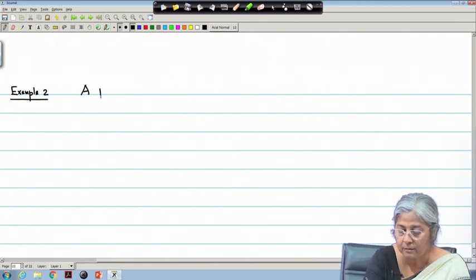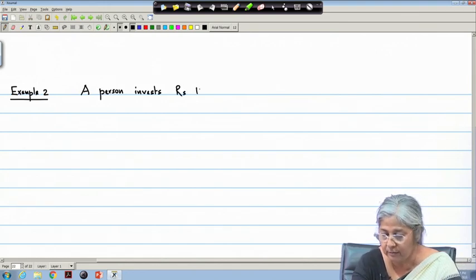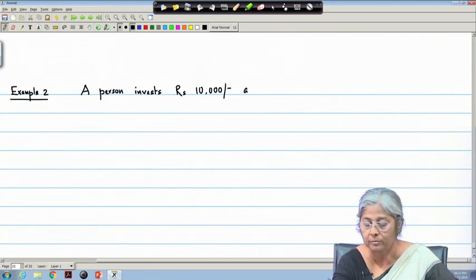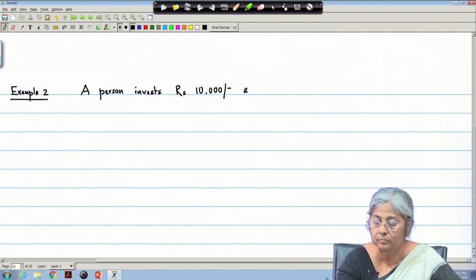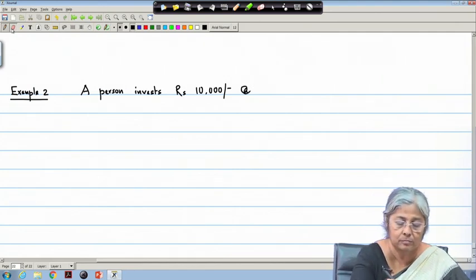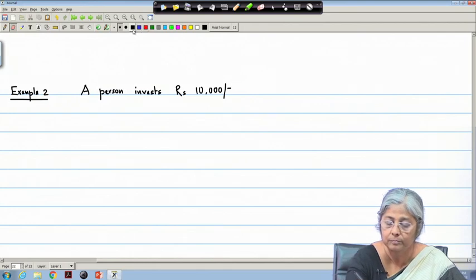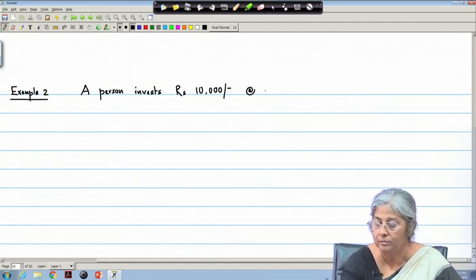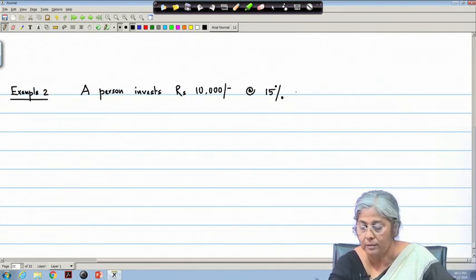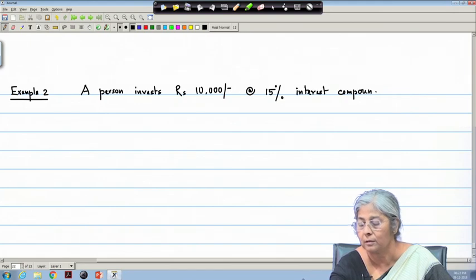Say a person invests rupees 10,000 at the rate of say 15% interest, which is compounded annually.